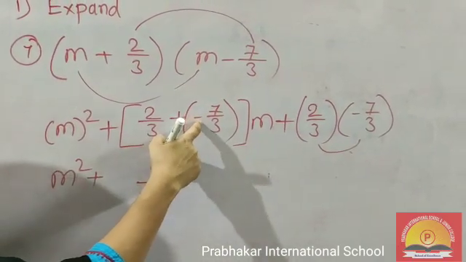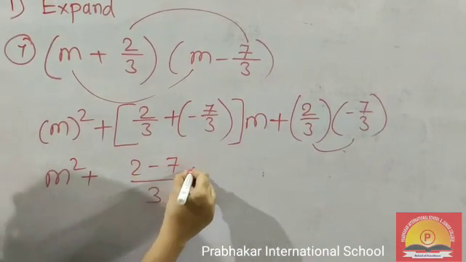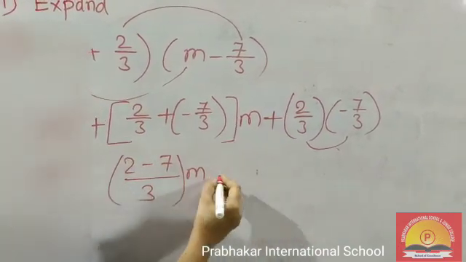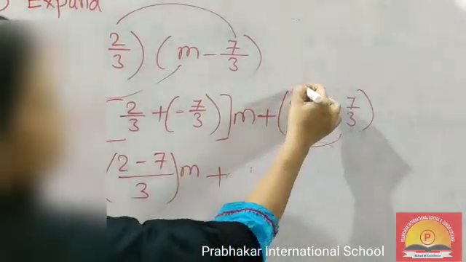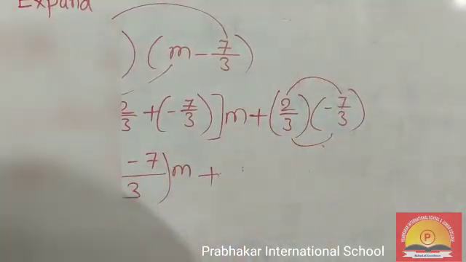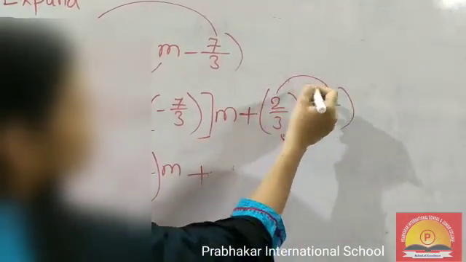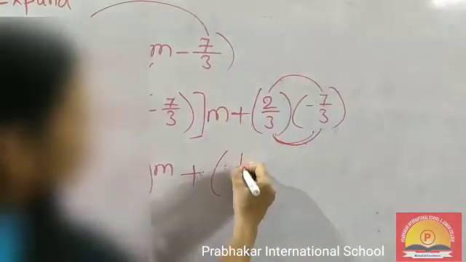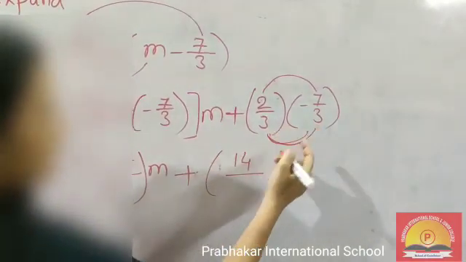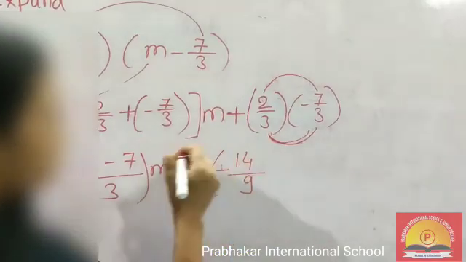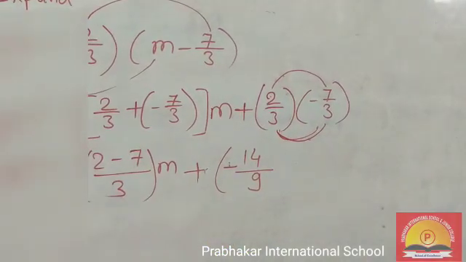Plus minus minus, so 2 minus 7, m as it is. Okay. Plus numerator to numerator multiplication and denominator to denominator multiplication. So 2 into 7, it will come 14 and 3 3s are 9. This was negative, so the entire fraction will come negative.